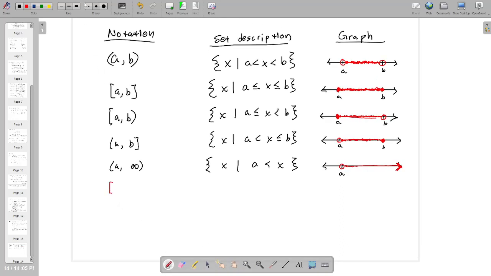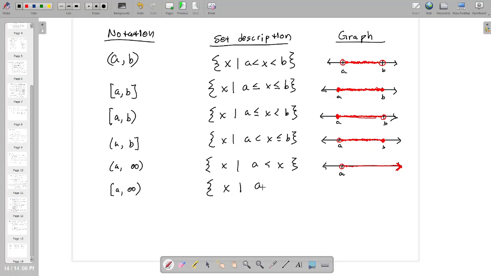Closed, A to infinity. Just as a note, infinity always has a parenthesis. You should never include infinity. Infinity is not a number, thus cannot be included in a set. It just indicates that we are going on forever in the same exact pattern that we have.